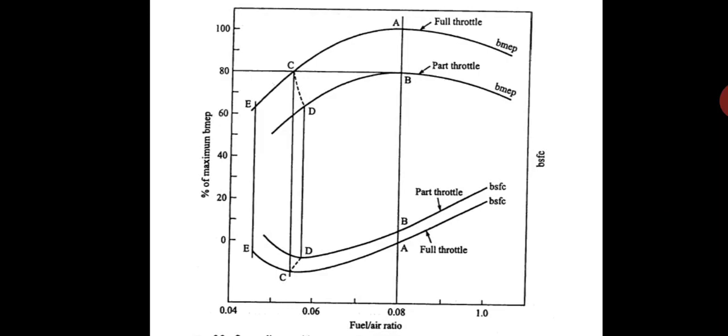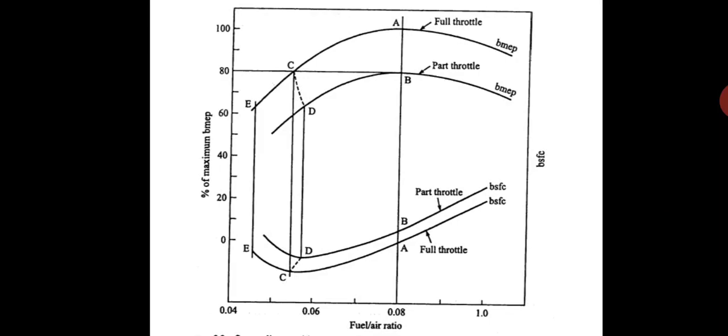This corresponds to point A at full throttle position, which will result in maximum power, with fuel air ratio of 0.08.